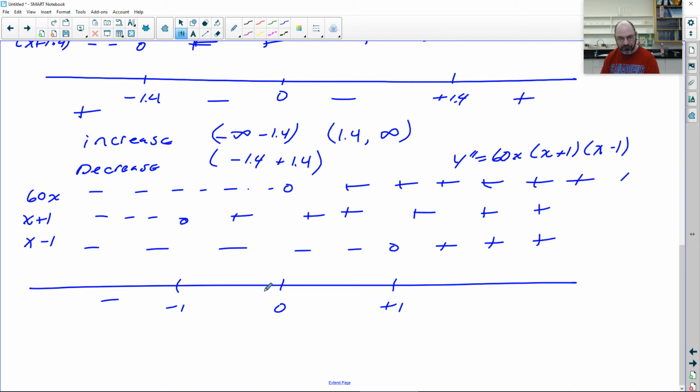So we got a negative, positive, negative, positive. So concave up is from negative 1 to 0 and 1 to infinity.